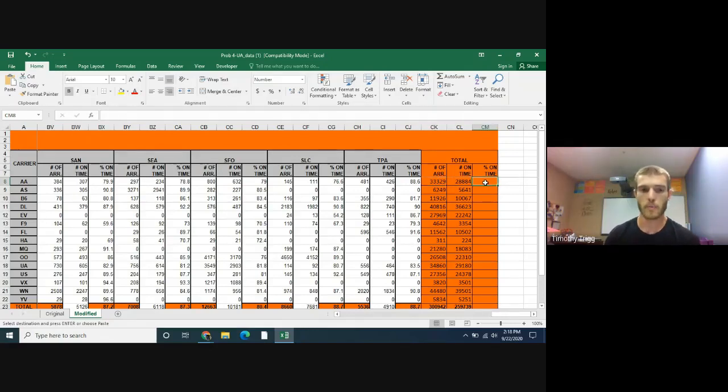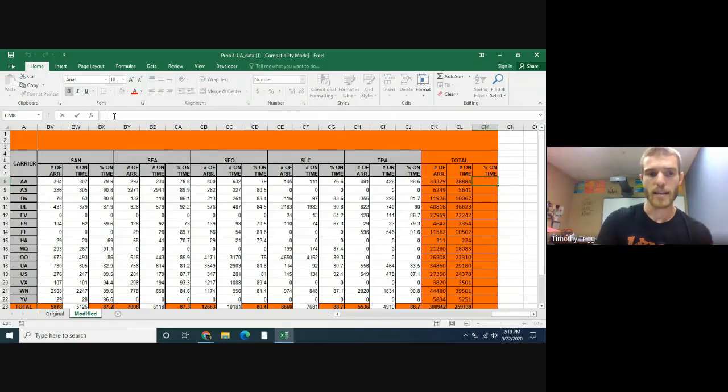So in our form, again, we're going to click on cell CM8, and go ahead and click on the formula bar up here, press equals, and we want to do cell CL8 divided by, and you could just do that slash there where like the question mark is on your keyboard.